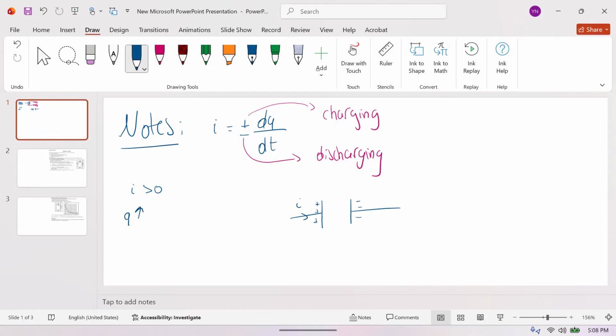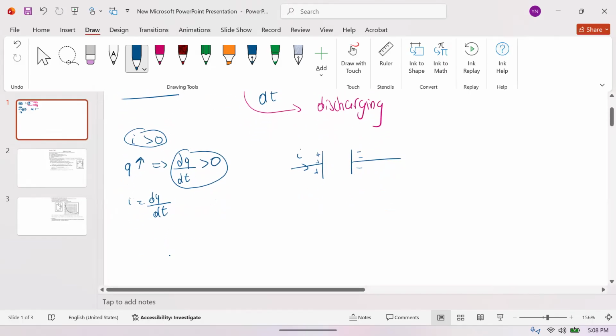So Q is progressively increasing. Now, every time we have an increasing function or variable, its derivative should be positive. Okay? Now, since I is positive in the phase of charge and dq over dt is also positive, I can simply say they are equal.